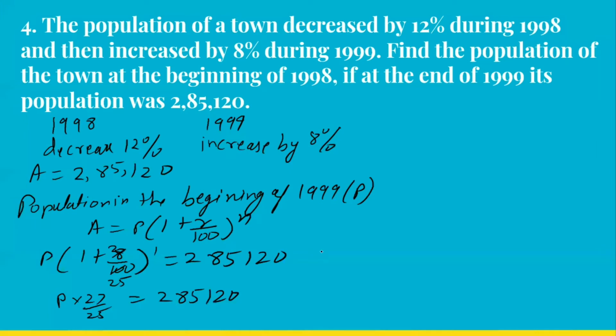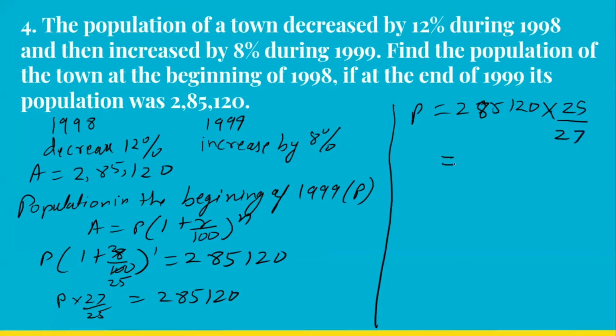On simplifying this, P is equal to 2,85,120 into 25 upon 27. Divide this and you get the population as 2,64,000.